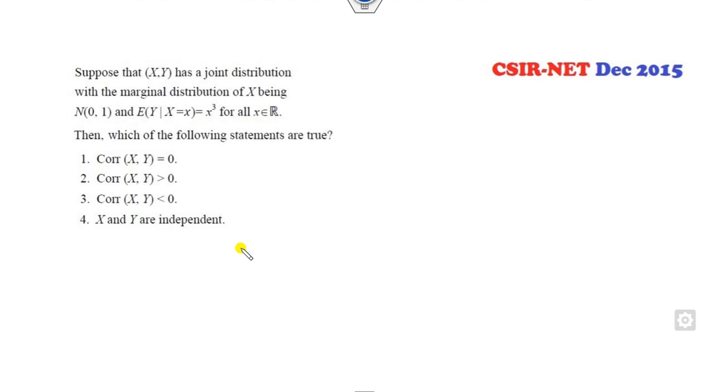Now look at the next one. If X and Y have a joint distribution such that X follows my normal distribution of 0, 1, then expected value of this, okay, a simple, your target is to find the covariance of X, Y, which is E of XY minus EX, EY. Fine. EX is my 0 from here.